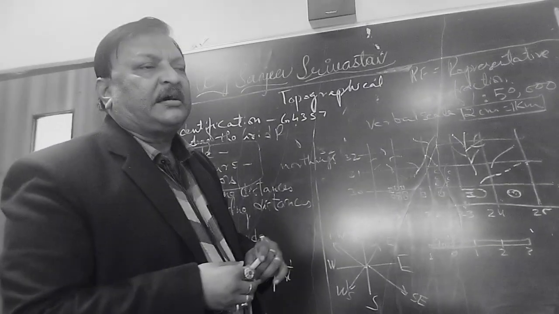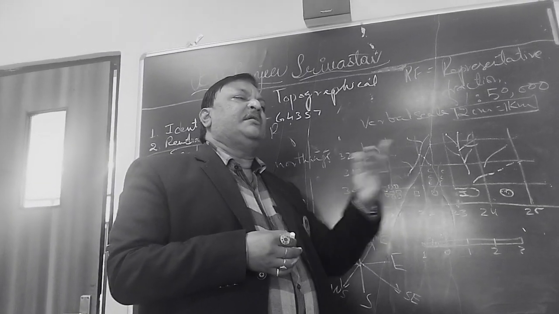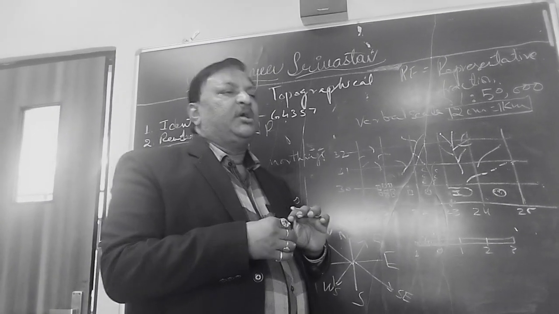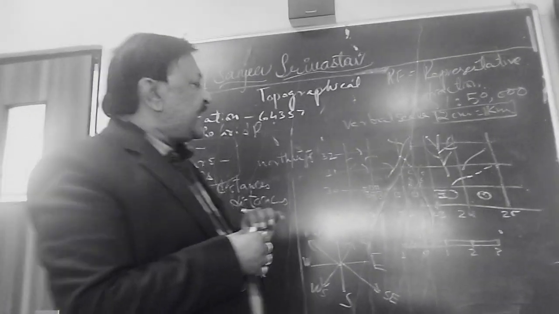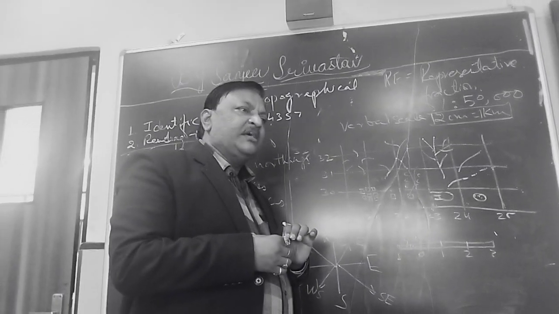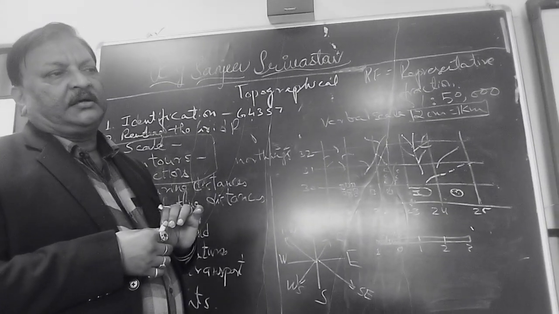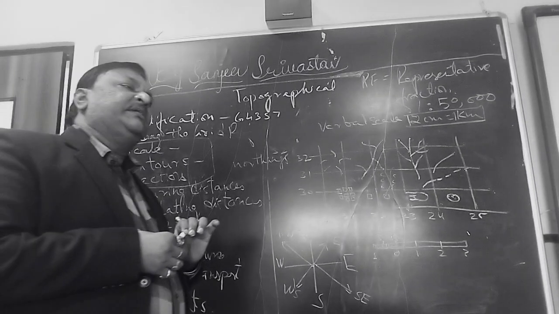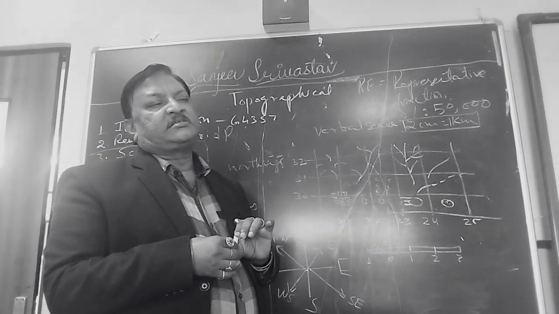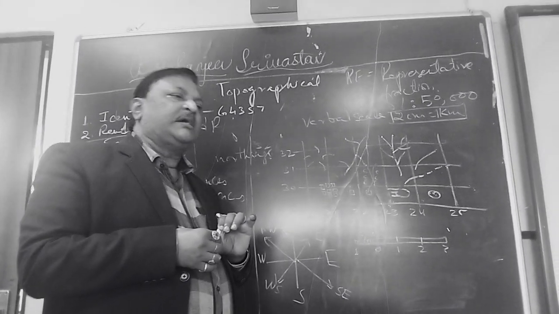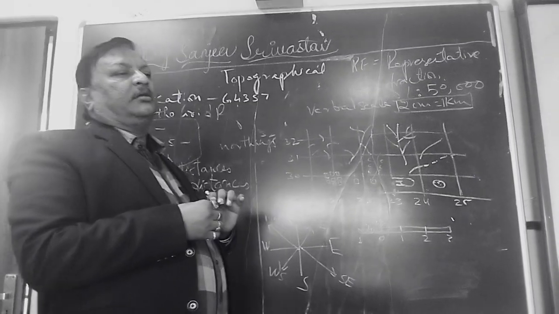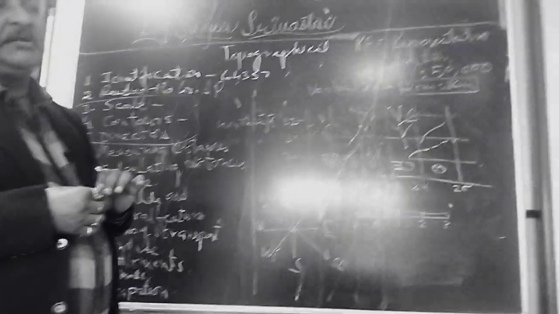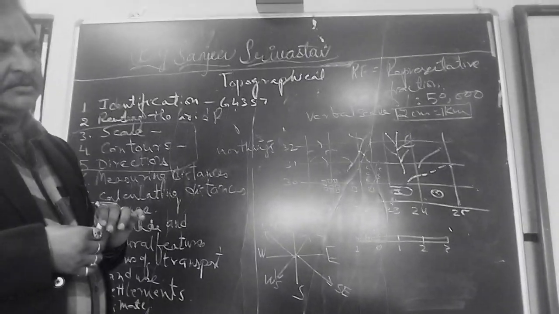The man-made features are, for example, an electricity pole, a pond with an embankment, and houses. Houses come under settlements. The red colored houses shown in the topo map extract come under man-made features, and similarly the railway line and other roads, metalled roads and unmetalled roads, come under man-made features. Now you can identify these man-made features which are given in the symbols in the map extract.